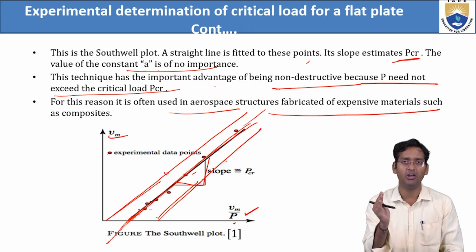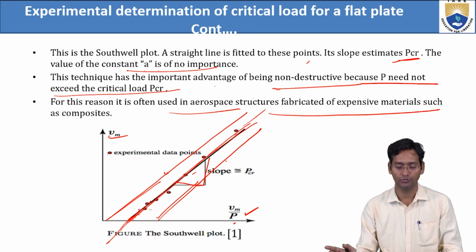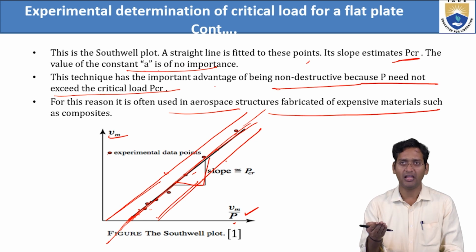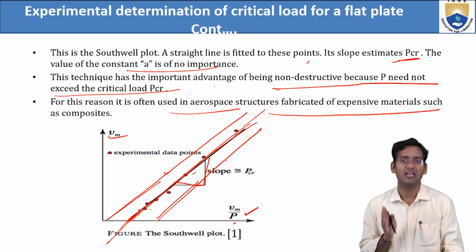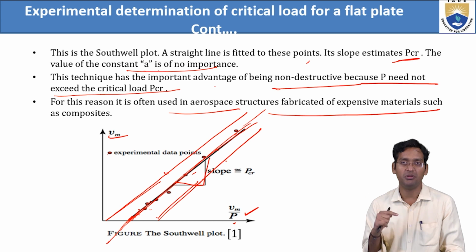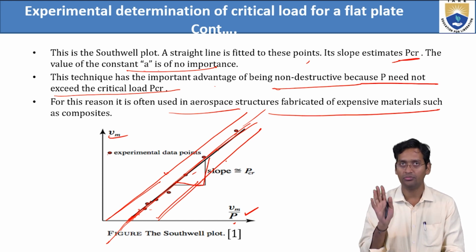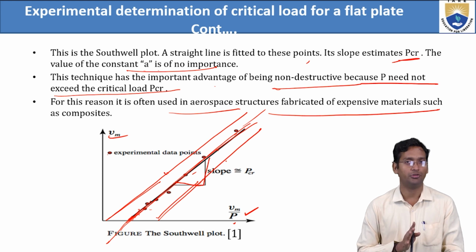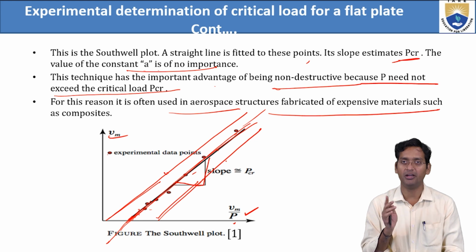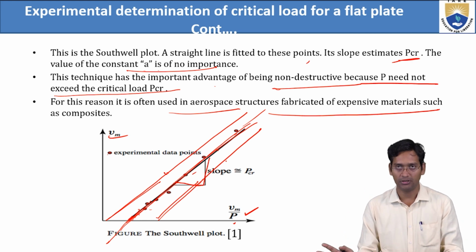That is the crippling load, and below that we can use it. So without breaking it, we can estimate it using the Southwell plot, experimentally. Experimental data plotting is the Southwell plot. The Southwell plot is drawn only from experimental data, or experimental analysis, and from that we can find the critical load.